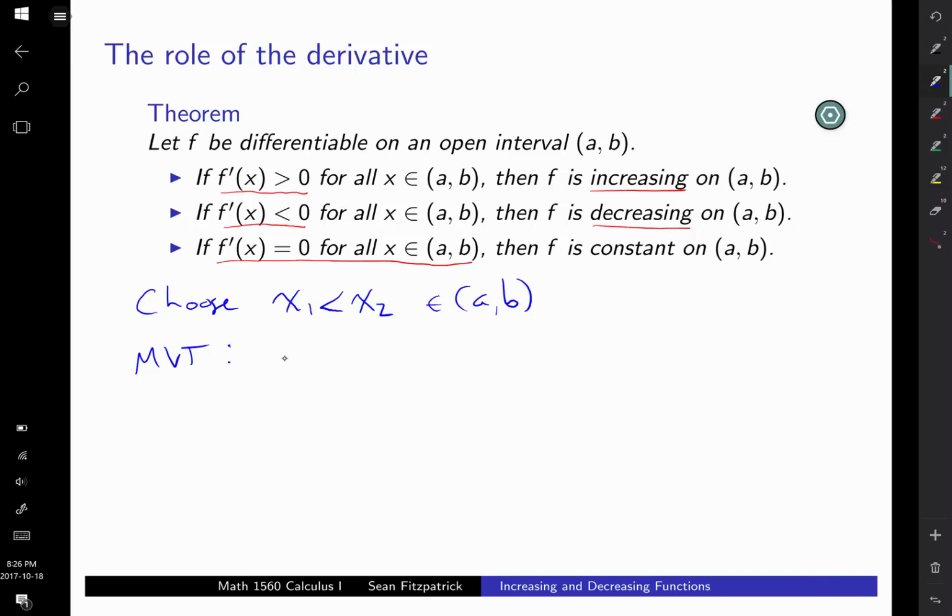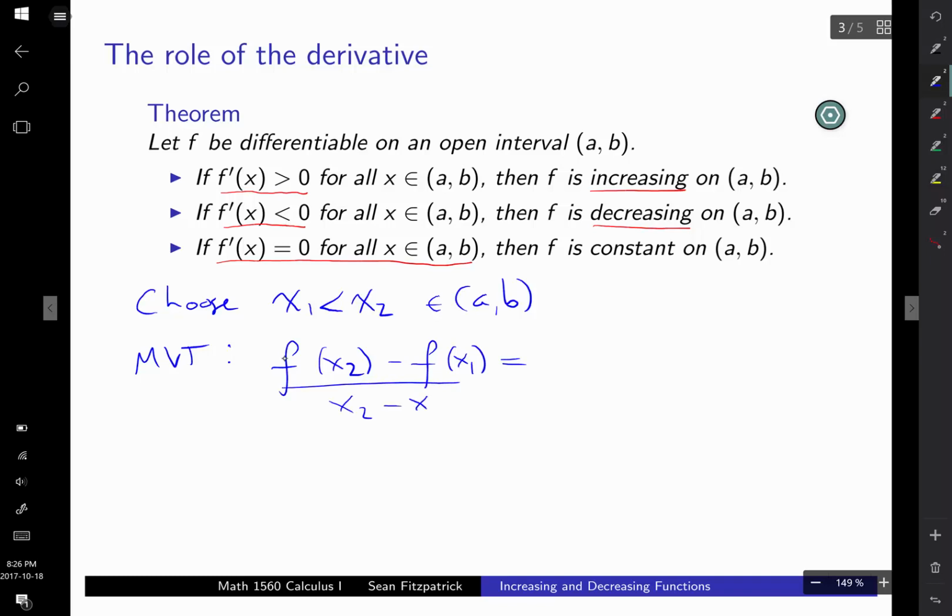And so the mean value theorem says that f of x2 minus f of x1 over x2 minus x1 is equal to f prime of c for some number c between x1 and x2.